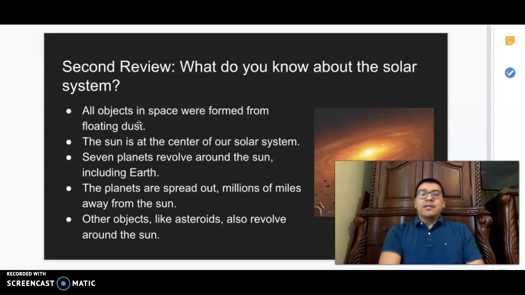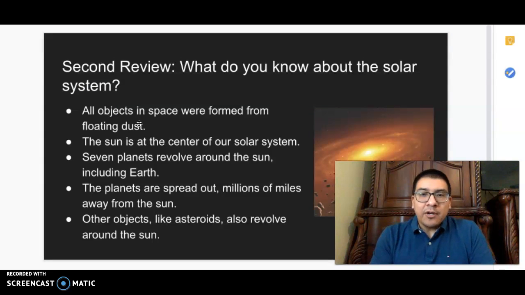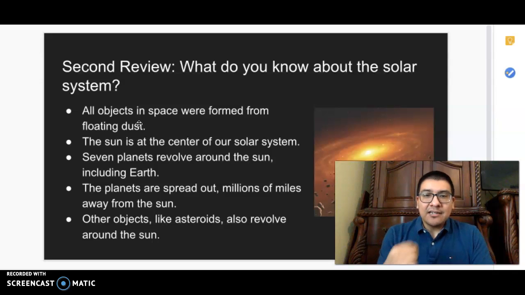And then we review what we know about the solar system. We know that all objects in space were formed from floating dust. The sun is at the center of our solar system, and the seven planets revolve around the sun, including the Earth, and the planets are spread out over millions of miles away from the sun.